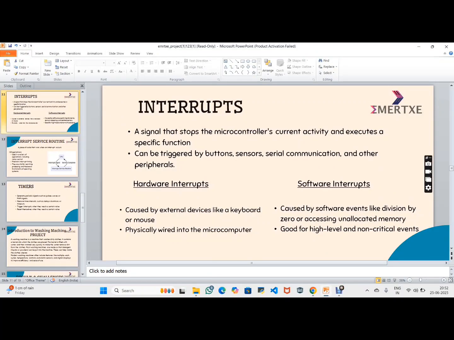There are two types of interrupts: hardware interrupt and software interrupt. A hardware interrupt is caused by an external device like a keyboard, mouse, or physical wire connected to the microcontroller. A software interrupt is caused by software, such as division by zero and accessing unallocated memory, and is good for high-level and non-critical events.